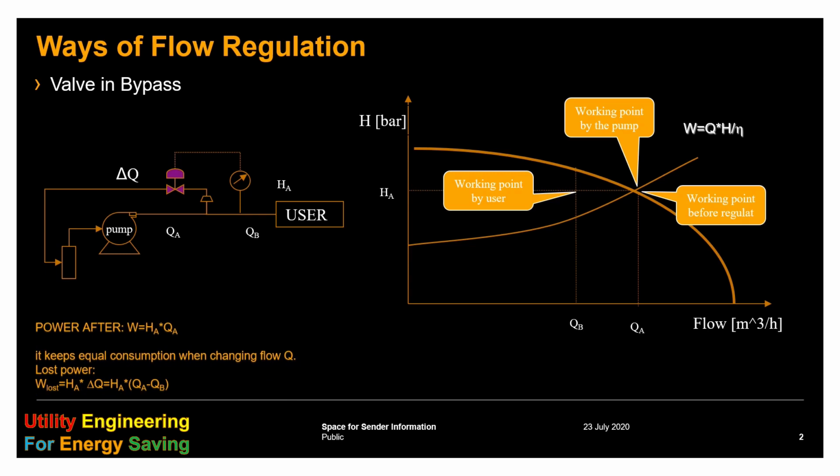Energy is lost because of that. The working point of the pump is different from the one of the user. The pump is delivering more flow than needed. The energy lost is the product between the head, which stays constant, and the delta flow here, which is represented by this difference.